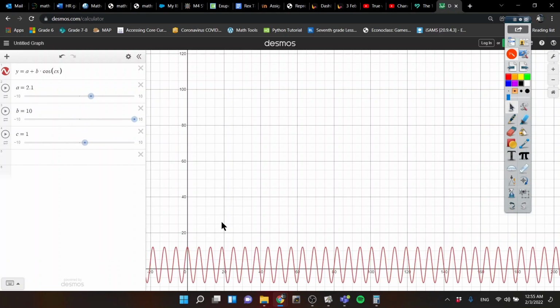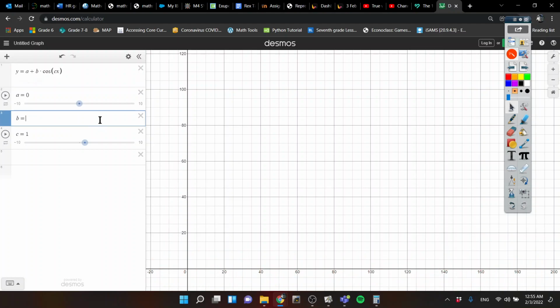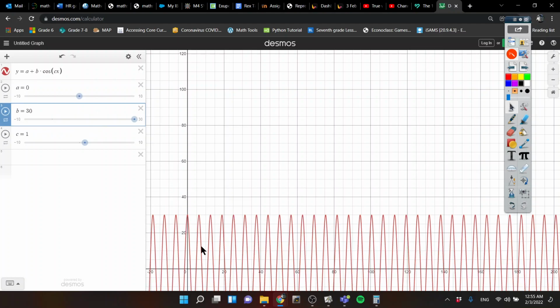So if I go out to here and I look at this, it's hard to tell. Maybe if I set A to 0, it'll be easier to tell what that radius is. So that radius is going from 0 to 10. So I can see when B is 10, we have a radius that goes from 0 to 10, which means I need to set B to 30. And now I see the radius of that Ferris wheel being 30.